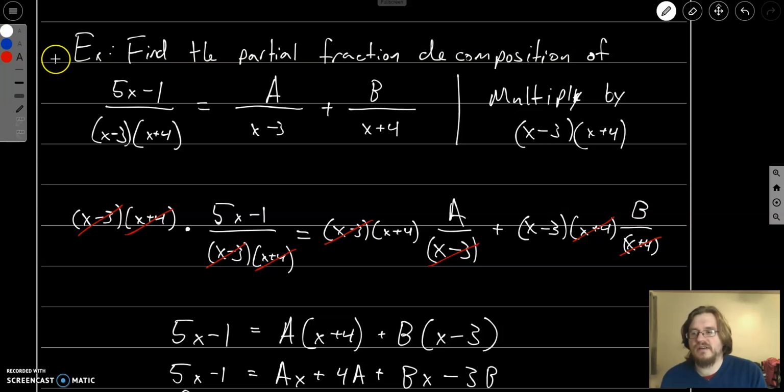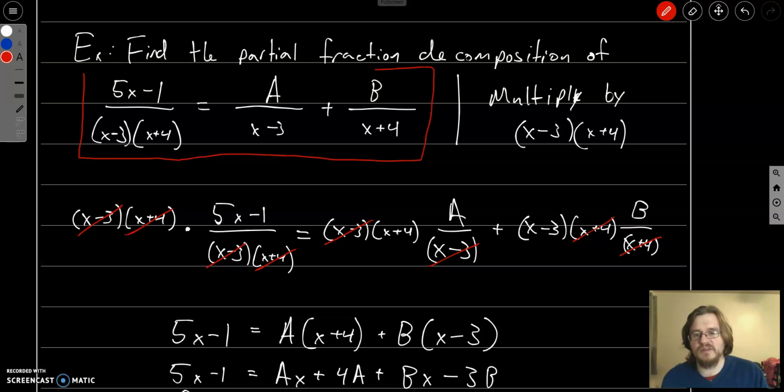We were given a fraction at the very beginning, and we wanted to take this fraction and split it apart into two more fractions. The denominators of both of the new fractions should be the factors of the original fraction. So I'm trying to take this big fraction and split it up into two smaller fractions, and all of this work was to figure out what is a and what is b.